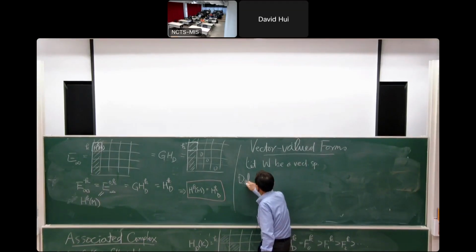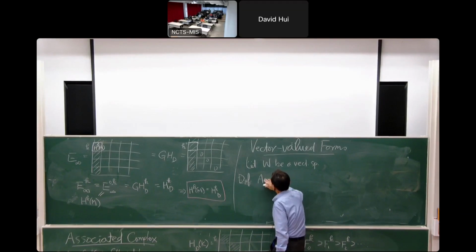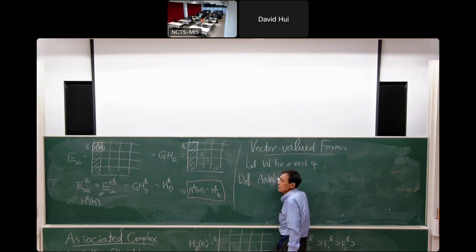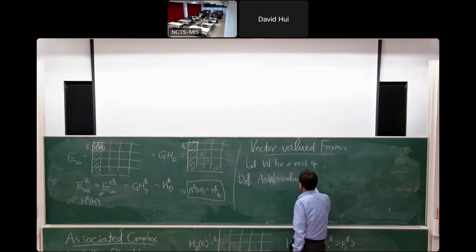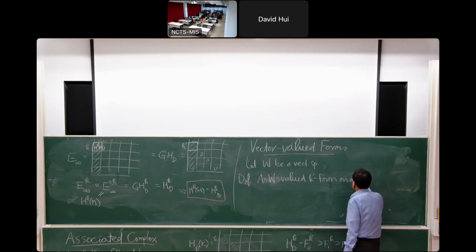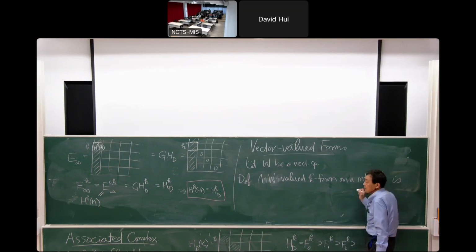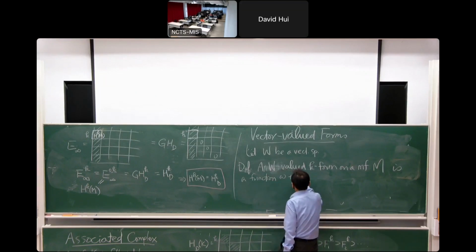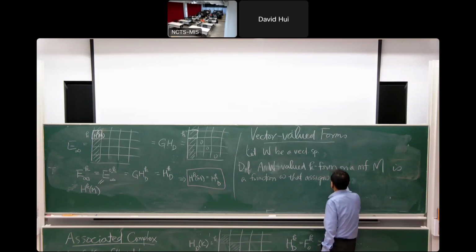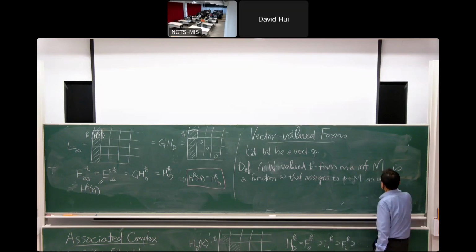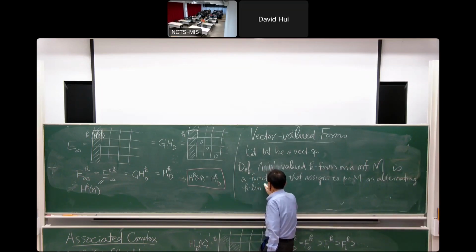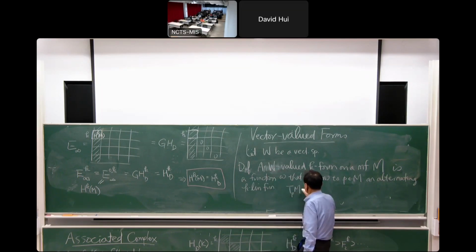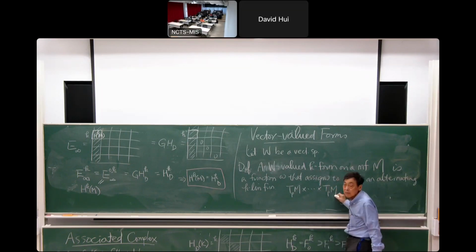Then a W valued k-form on a manifold M is a function omega that assigns to each p in M an alternating k-linear function on the tangent space with values in W instead of in R, right?